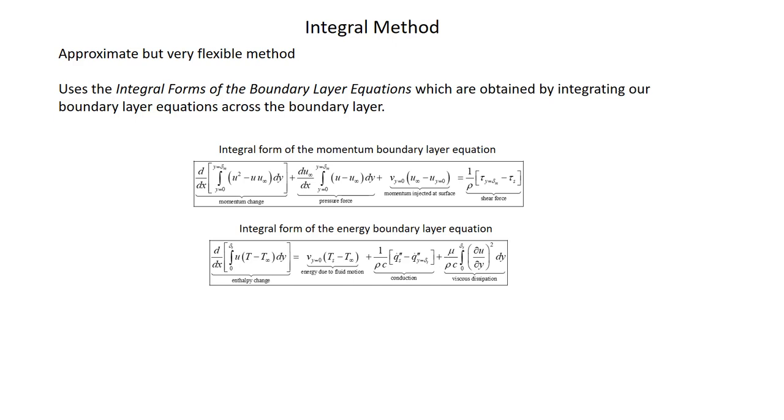So you'll find out that some of the things you can do with integral methods are you can deal with surfaces or boundary layer situations where maybe the temperature of the surface isn't constant, or the heat flux is prescribed in some weird way, or maybe even you have something like transpiration going on, or viscous dissipation is important. So all these things you can include in an integral method, whereas you'd be hard pressed to find a correlation that would deal with that kind of a situation. And so that's why these things are important.